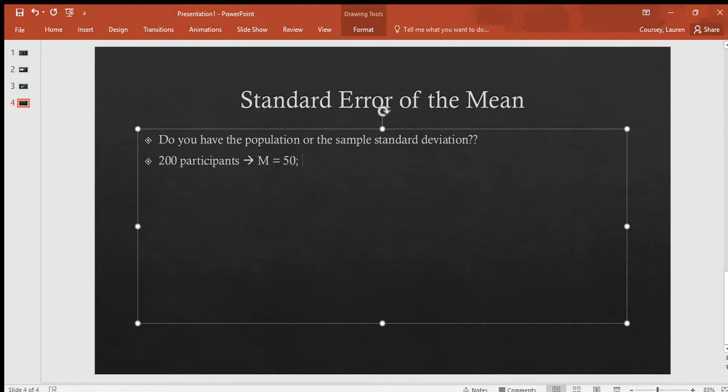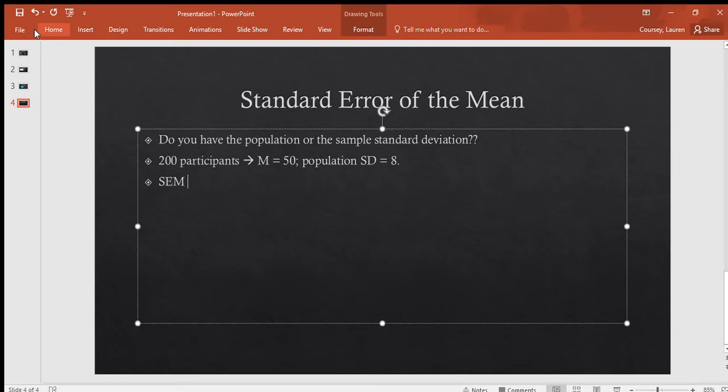And if I tell you that the population standard deviation is equal to, let's say, 8, I would ask you to calculate the standard error of the mean given this population standard deviation. And what you'll use is our N, or our 200 participants.